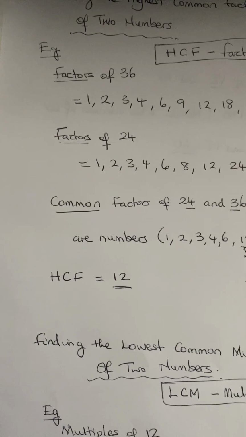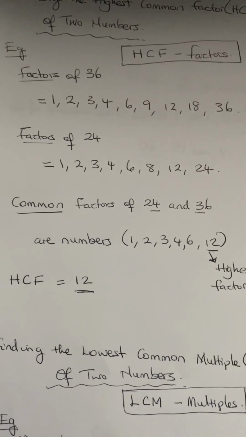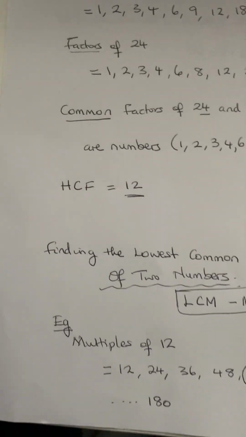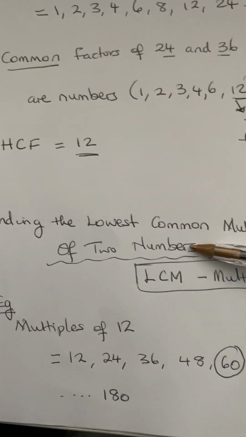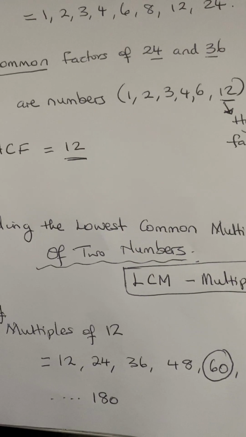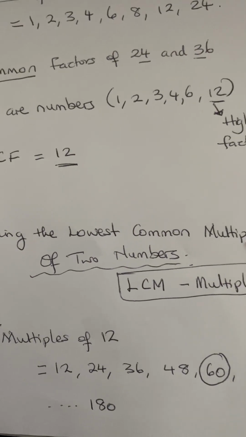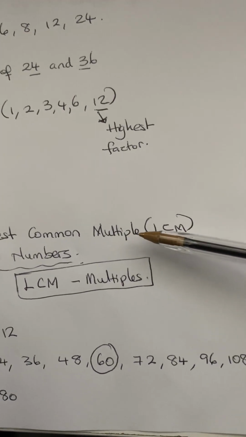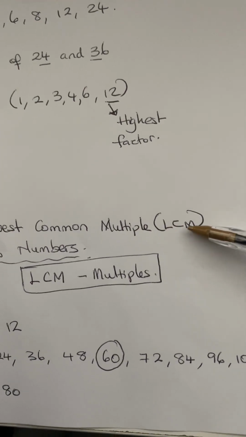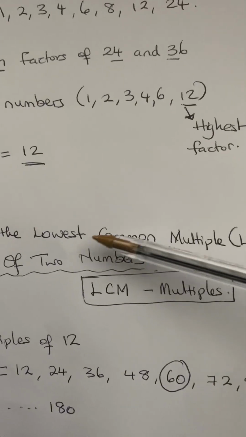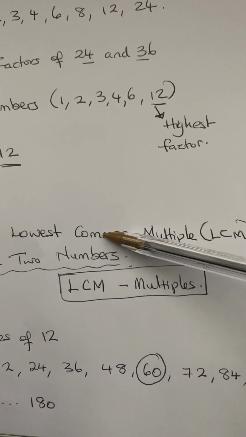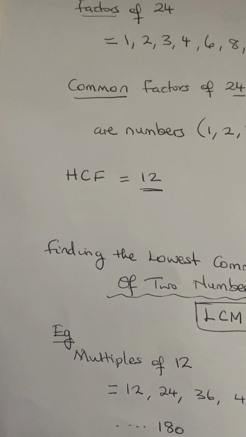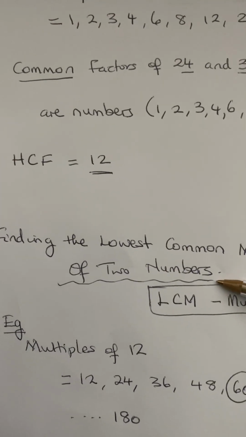So this is the first bit, and then the second part of today's lesson, we want to talk about the lowest common multiple. Here again, your clue is multiple. So LCM, lowest common multiple, okay, of 2 numbers.